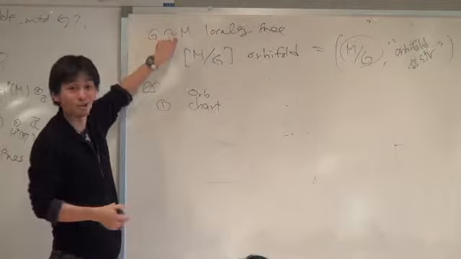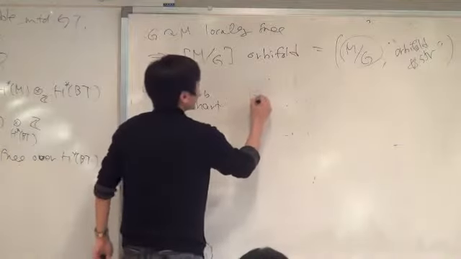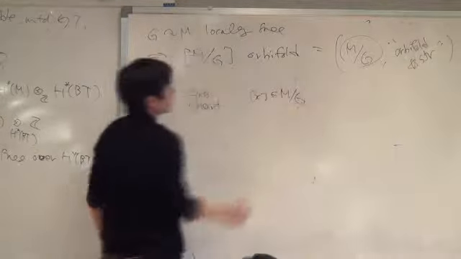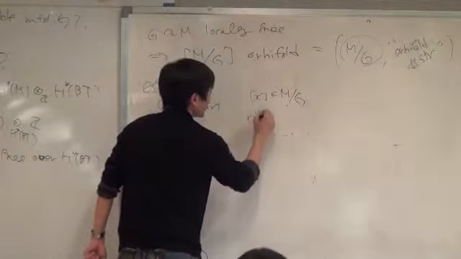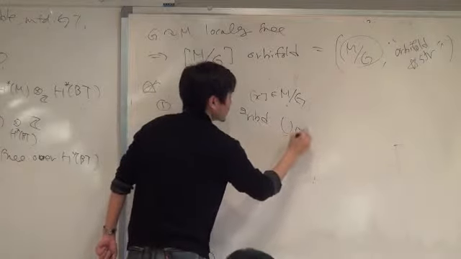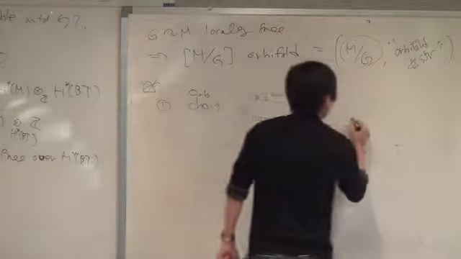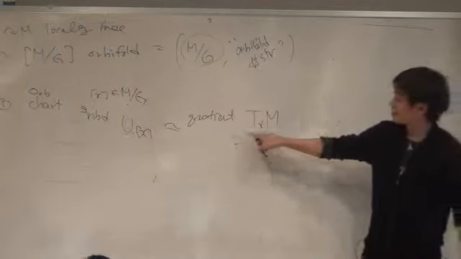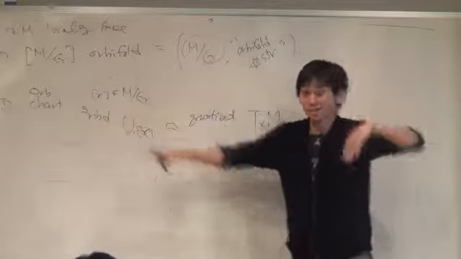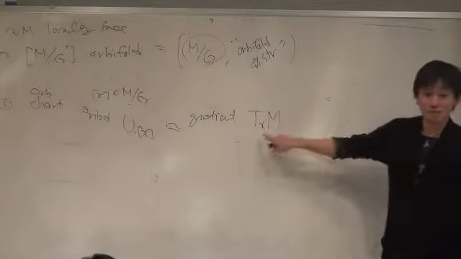How do you get that from this locally free action? You use the slice theorem. Take a point in this quotient space, and a neighborhood. There exists a neighborhood isomorphic to the quotient of the following. You look at the tangent space of X, where X is some point upstairs before you take the quotient.